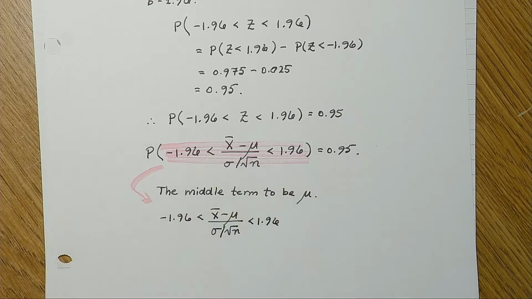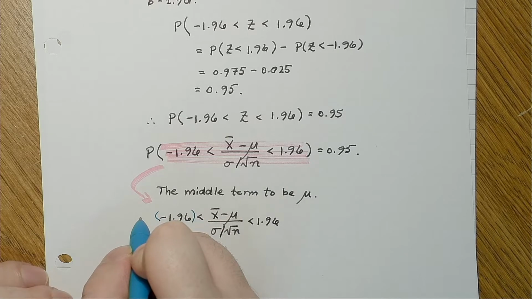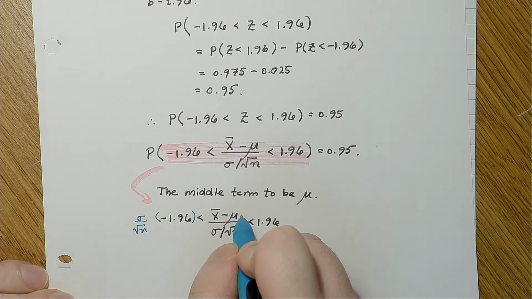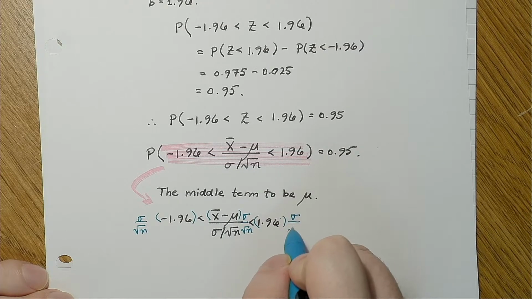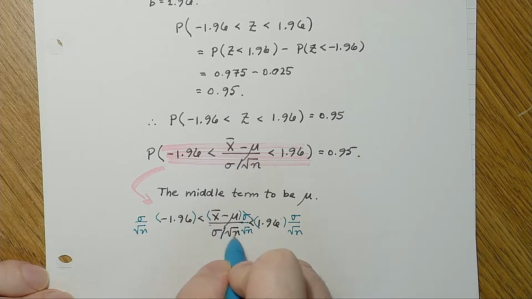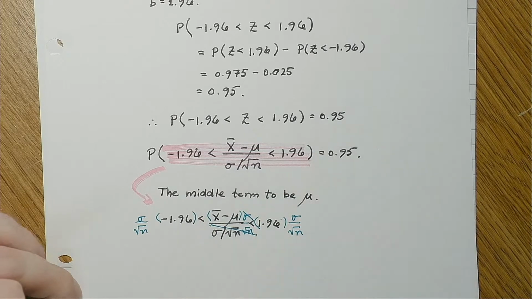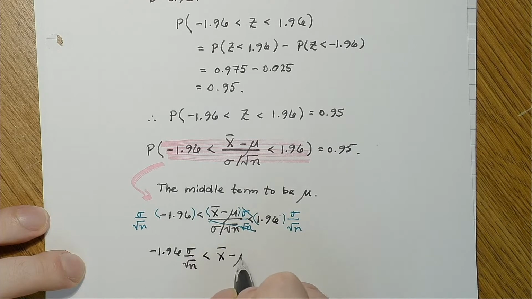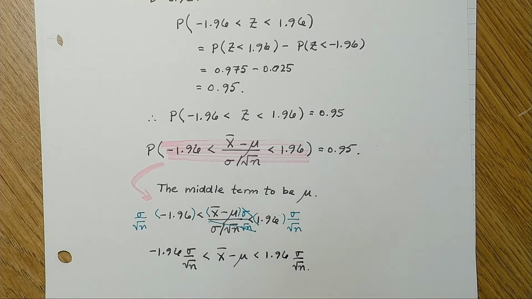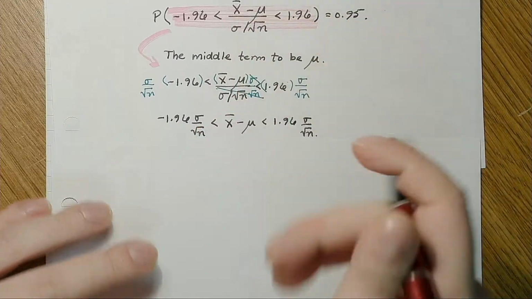So if I multiply everything by sigma over square root of n, and over here, sigma over square root of n, then this will cancel, and I'm left with that so far. Then I'm going to subtract the x bar.